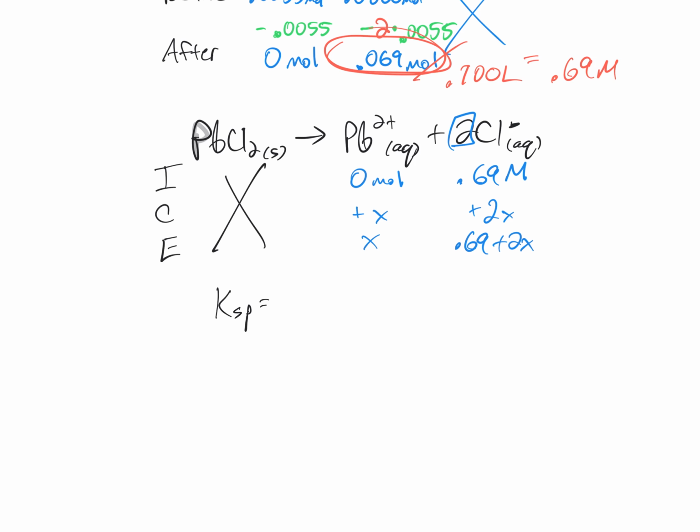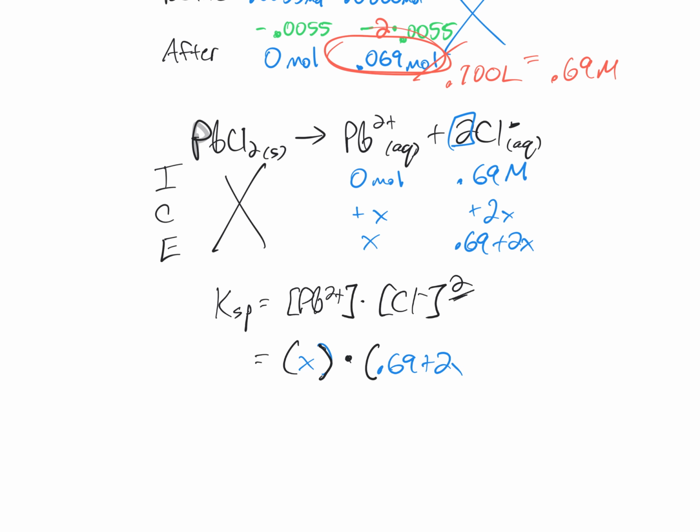our KSP expression can be found by multiplying those ions' concentrations together, and make sure that you raise it to the power of the coefficient. That's important. And if we plug in numbers, we would get x times the expression 0.69 plus 2x all squared.